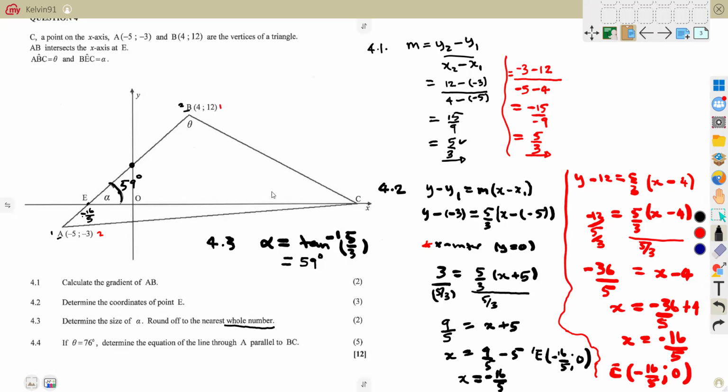If you have done your equation in 4.2 using y equal to mx plus c, it means it was going to be y equal to the gradient 5 over 3 x plus c. But we choose any point. So in case we choose this one, y is 12.